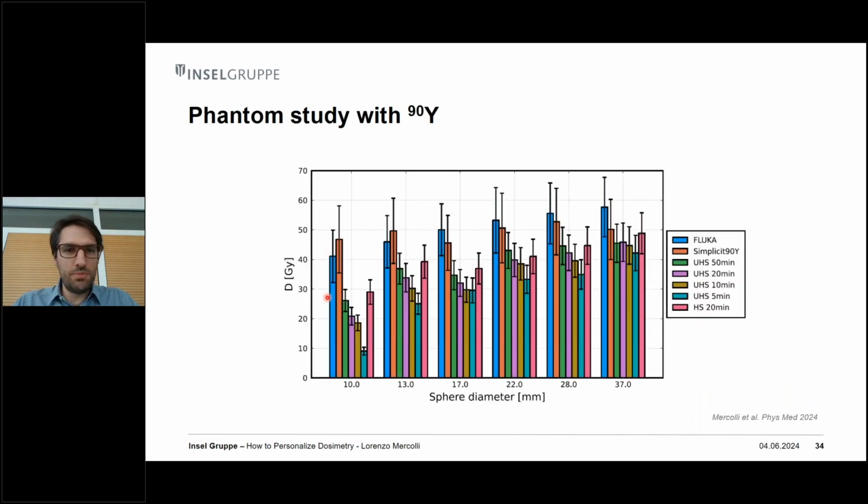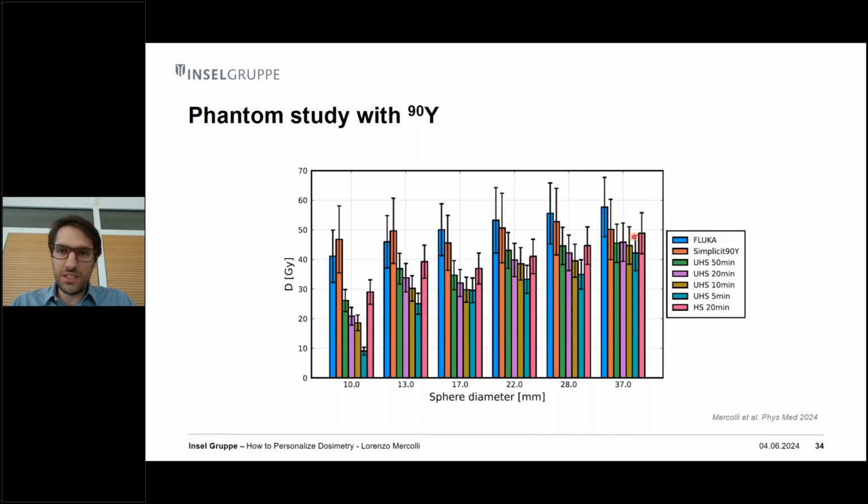The blue bar here is the full Monte Carlo simulation. Compared to the local deposition model, the red bar here, you see that for the smallest sphere, the local deposition model is not able to capture the dose spill out. So it will overestimate the dose compared to the full Monte Carlo.